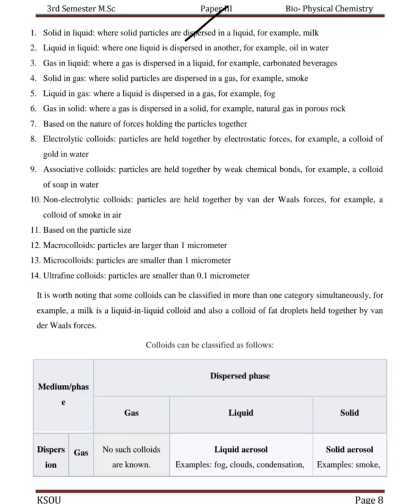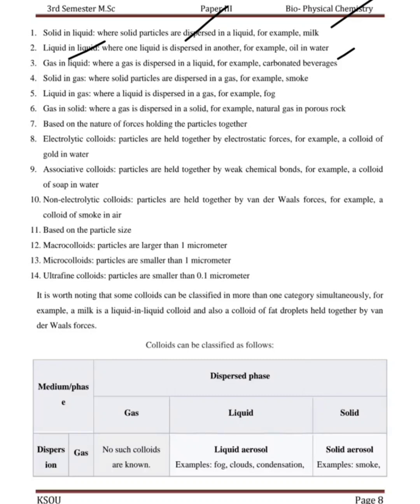Liquid in liquid, when both substances are liquid, for example oil and water, or milk and water. Also gas in liquid, for example carbonated beverages, where you insert carbon dioxide into water.